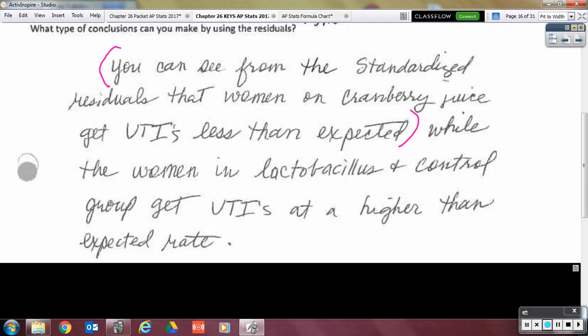So you may not have to do all the standardized residuals, but I still would expect you to. I think you need to compare what the other ones were doing. So I put additionally, cranberry juice got UTIs less than expected, while the women in the lactobacillus and control groups got UTIs at a higher than expected rate.